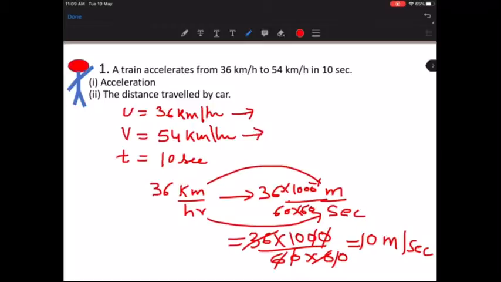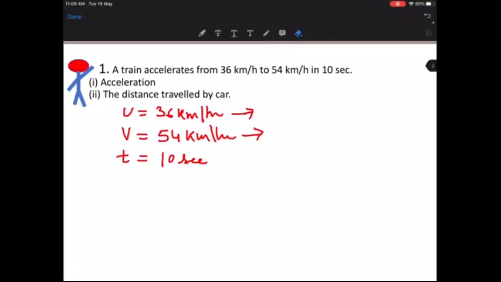Fine. So this is the way you have to convert 54 kilometers per hour also. 36 will give you 10 meters per second, and 54 if you convert, it will give you 15 meters per second. Let me erase it and show it once again.